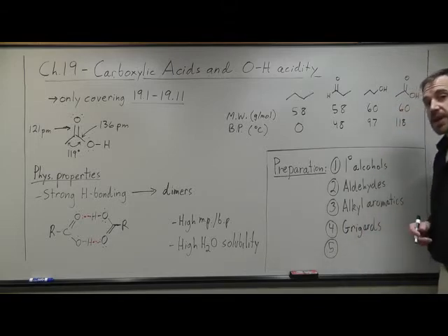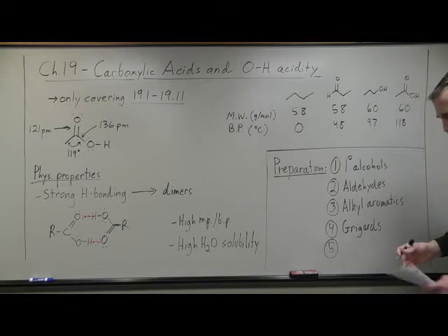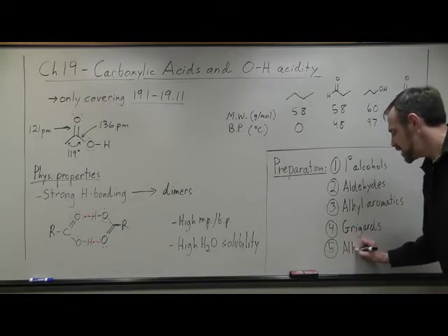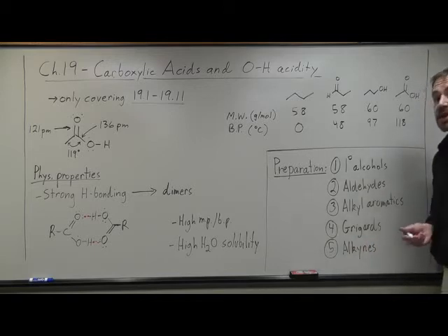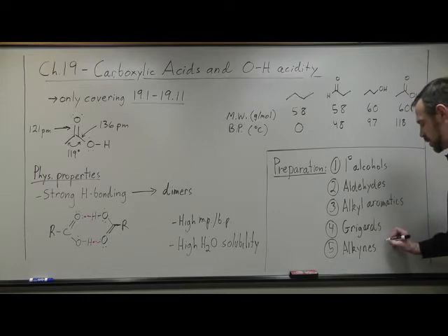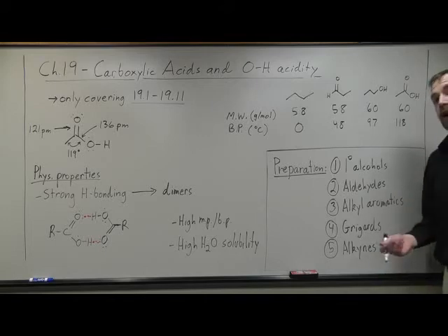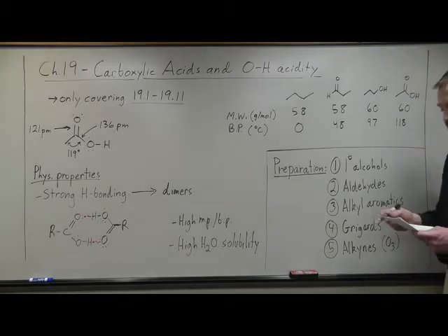Grignard reagents can make carboxylic acids, and we know that reaction as well with CO2. And lastly, probably least useful, but carboxylic acids can be made from alkynes using ozone to cleave the carbon-carbon triple bond. And if this is done in water, you end up with a carboxylic acid or two carboxylic acids, potentially.